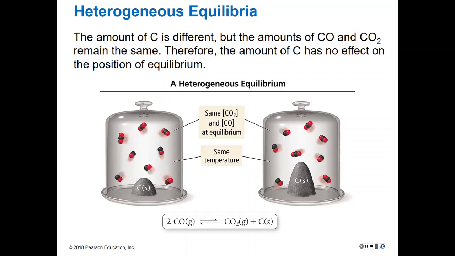So if we look here, this is just an example where we have solid carbon, and some reaction occurs, and it gives us carbon dioxide plus carbon, solid carbon. So we have carbon monoxide, carbon dioxide, and solid carbon.